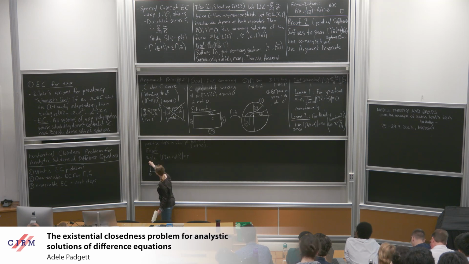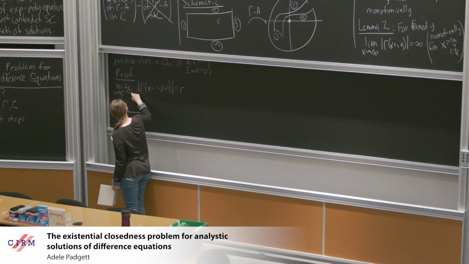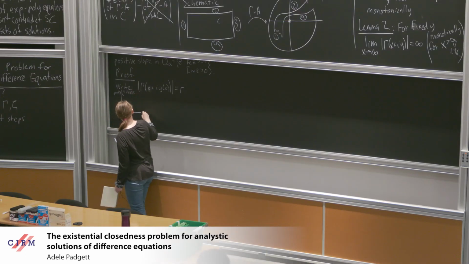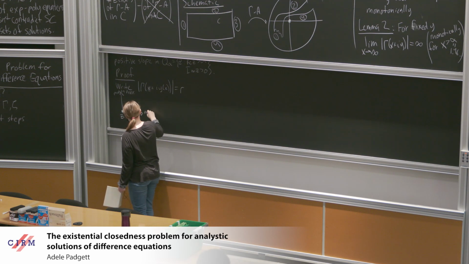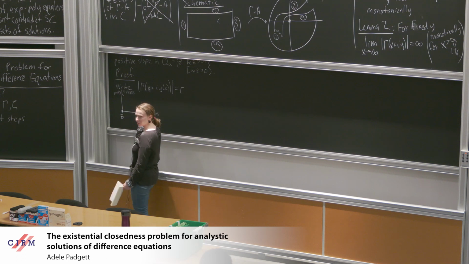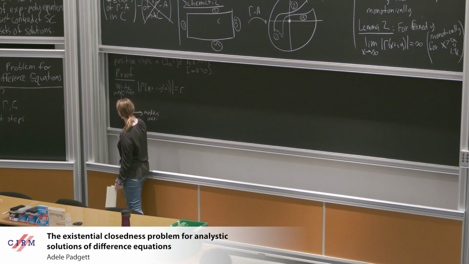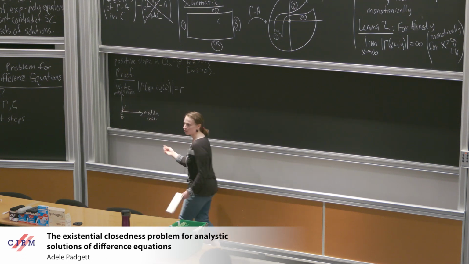Then as you go up vertically, the modulus of gamma goes to 0. And as you go horizontally, the modulus of gamma goes to infinity. It's increasing. So the curve of fixed modulus has to go somewhere in between like this, positive slope.